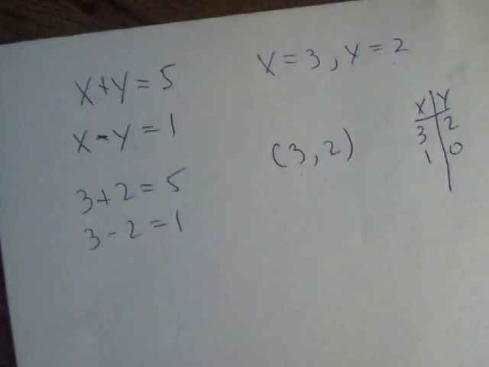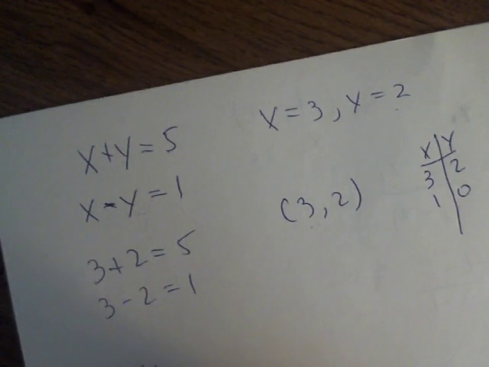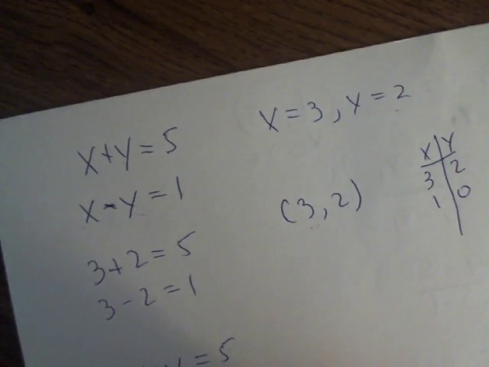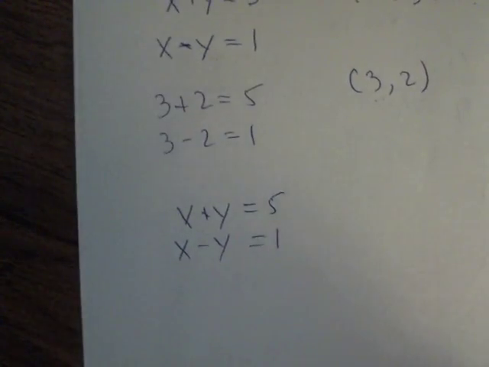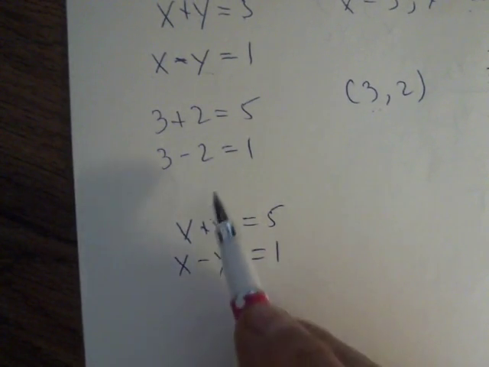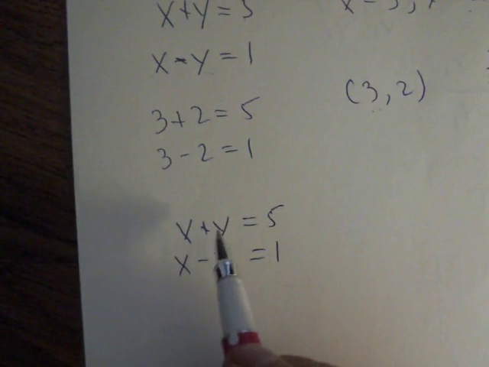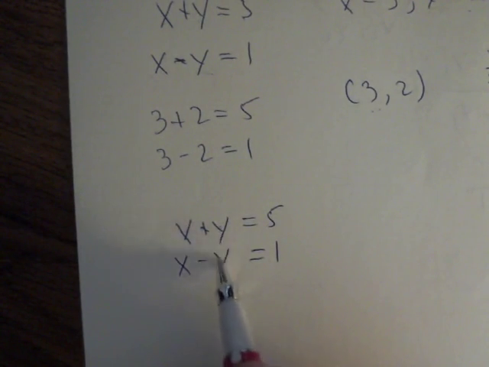Now, there are two other ways to find this solution. Let's look at the elimination method, the addition method. Our goal is to eliminate x or y. We can eliminate them by adding the equations provided we have opposites.